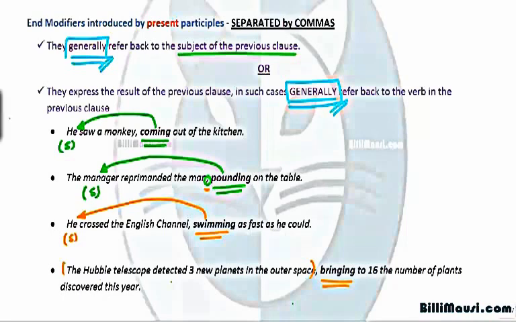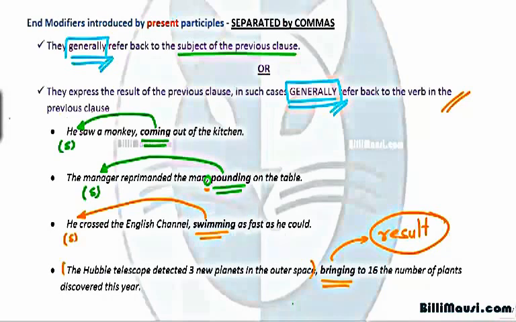Please be careful, the Hubble telescope is not bringing, the entire act is bringing the number to 16. So here it is expressing a result. This would fall in the second category, that is, they express the result of the previous clause. In such cases, they refer back to the verb in the previous clause.